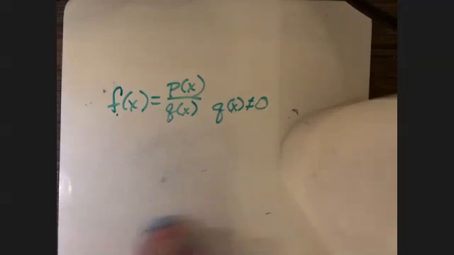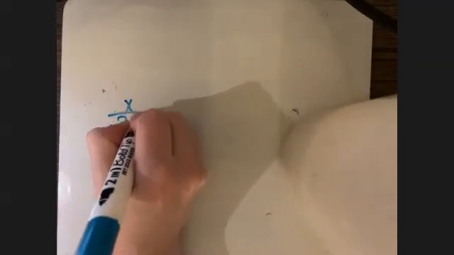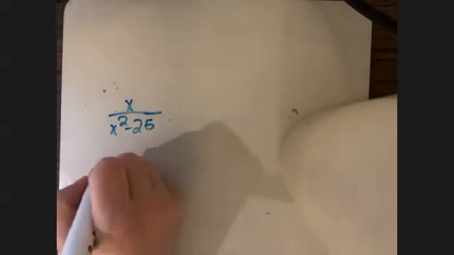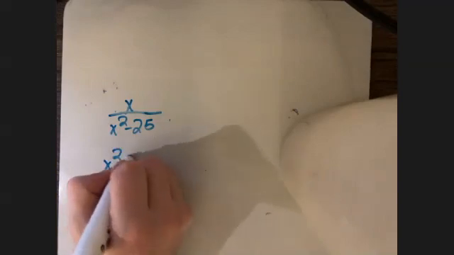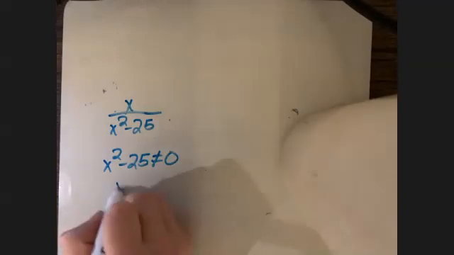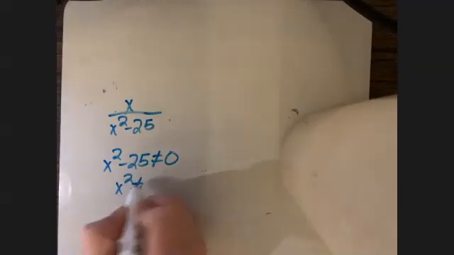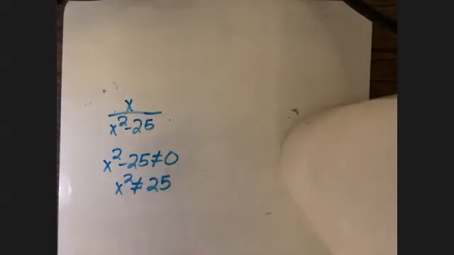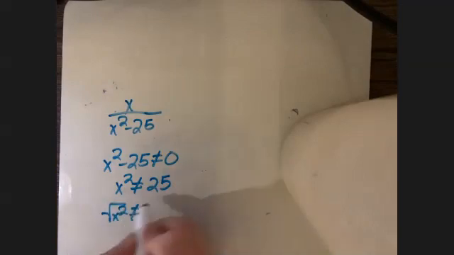Now we're going to look at another one, because sometimes these things have more than one value that's off limits. So we've got x squared minus 25. Again, I take x squared minus 25 cannot equal 0. We move that 25 over to the other side. I need to do a square root to get rid of the squared, so we take the square root on both sides.